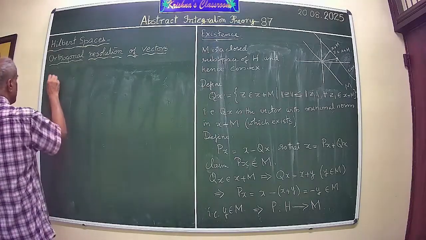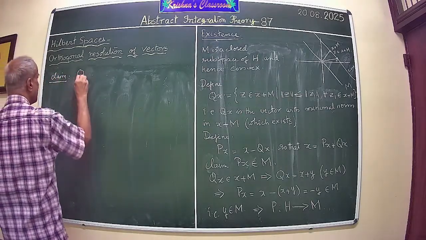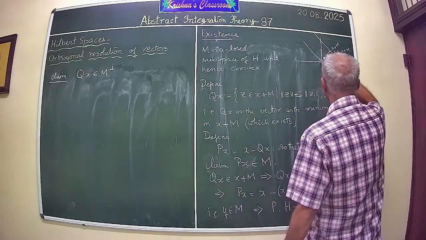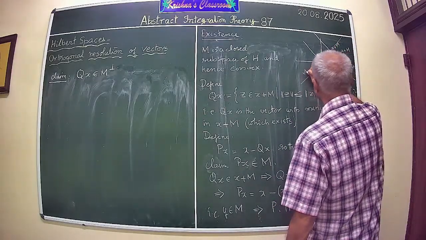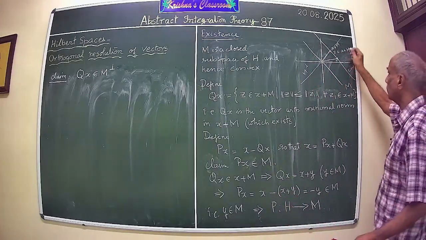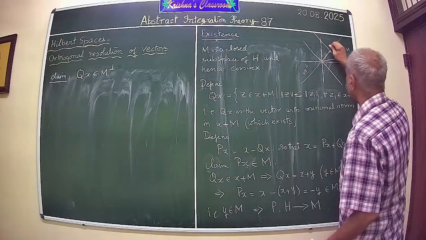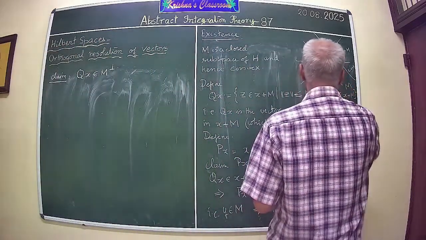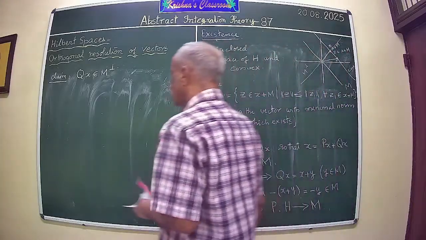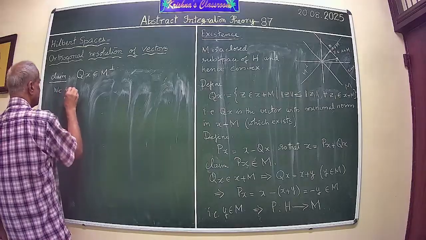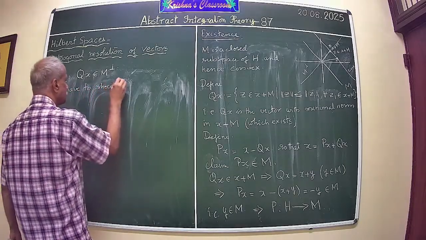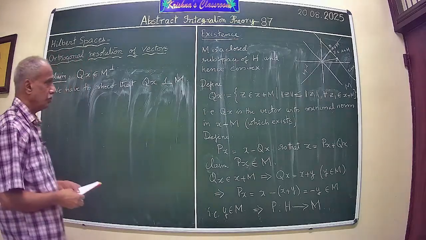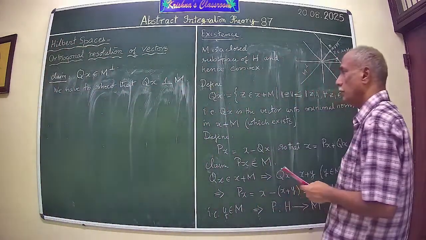The next claim is, in other words, that we have to show that Qx is orthogonal to M. So Qx is orthogonal to M, or Qx belongs to M perpendicular.